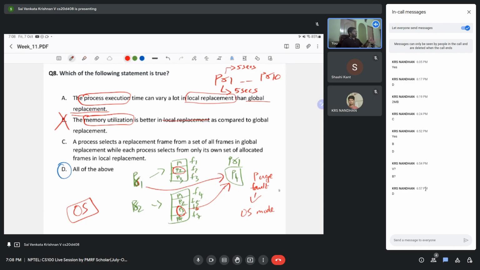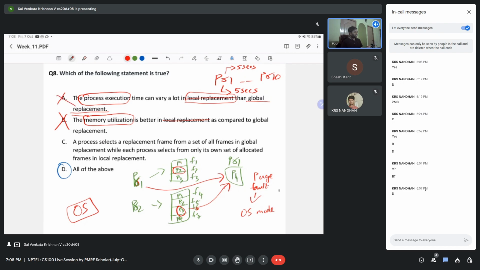Based on all those things only, I would be able to tell whether my process would experience an increase or decrease in page faults based on the other processes' memory utilization. So the process execution time can vary a lot, not in local replacement but in global replacement.